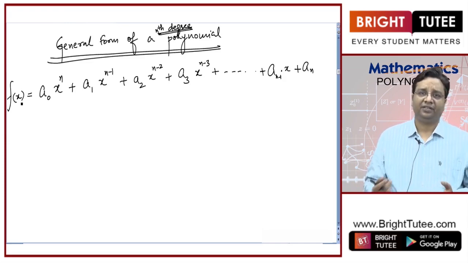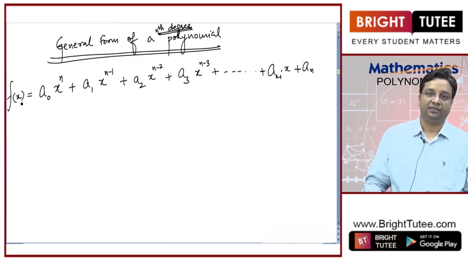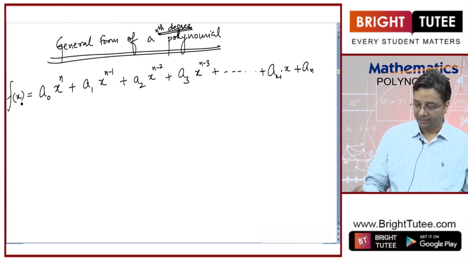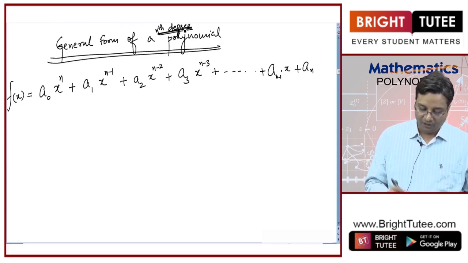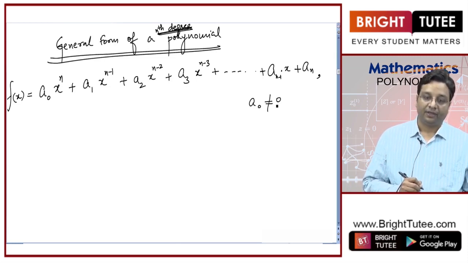You can choose any variables, x, y, q, p, r, any variable, right? So this is the general form of a polynomial. It is an nth degree polynomial if a naught cannot be equal to 0, right?